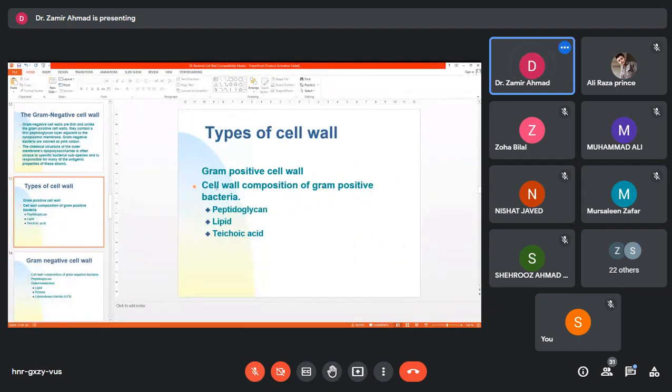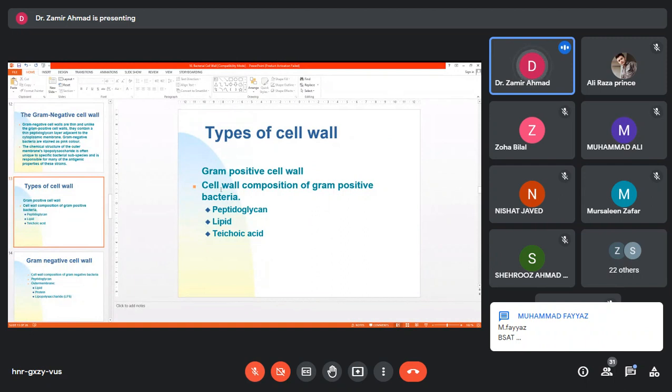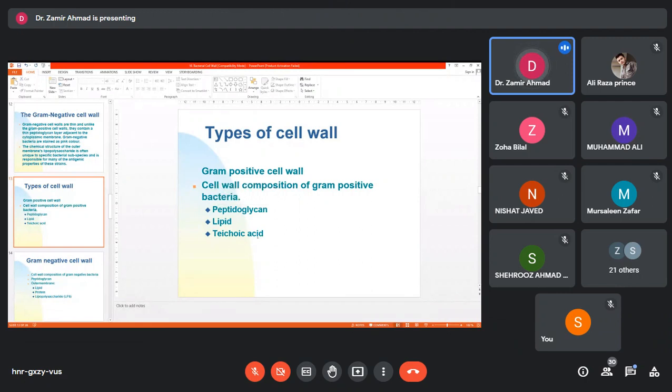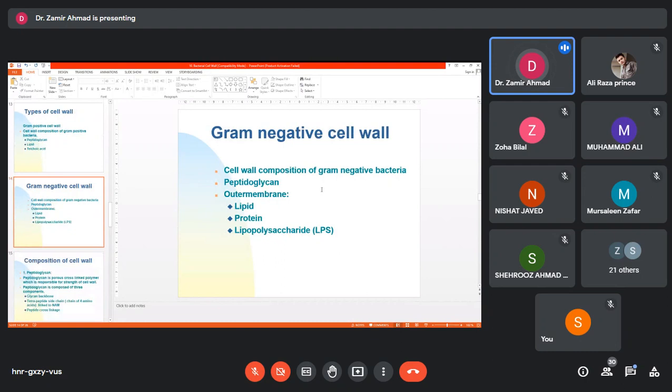So the cell wall composition of gram-positive bacteria is mostly peptidoglycans, a small amount of lipids, and teichoic acids and lipoteichoic acids are present. And in case of gram-negative, it is composed of a small amount of peptidoglycans, and then it has an outer membrane which is composed of lipids, proteins, and lipopolysaccharides.